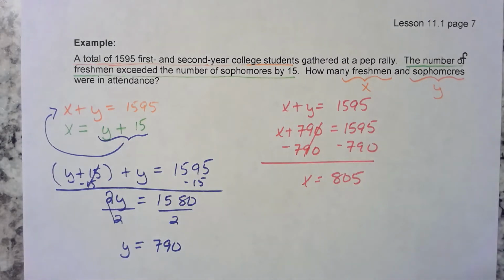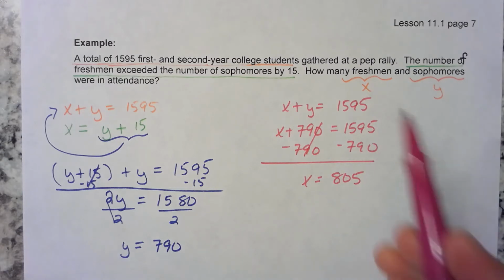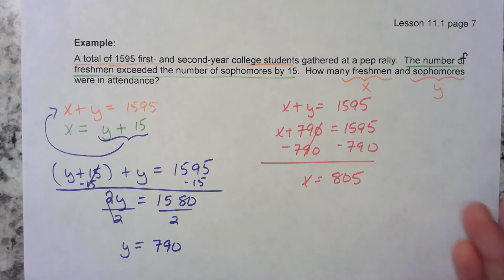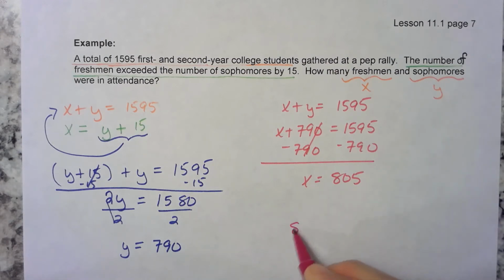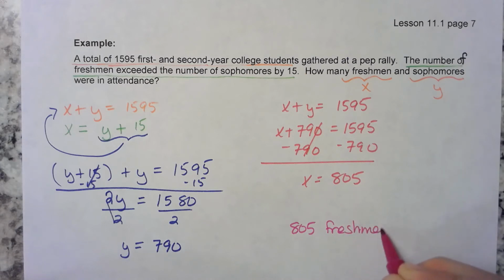Now we have to say what all of that means. X is the number of freshmen, Y is the number of sophomores. So there were 805 freshmen and there were 790 sophomores.